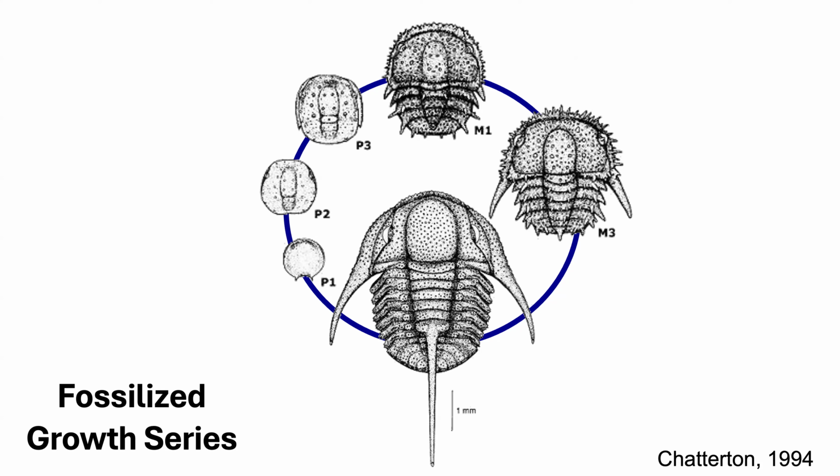That's very different from what goes on in the trunk region. And as you can see, these tiny small ones have hardly a trunk at all. And then there's a progressive adding of segments into the trunk region. So we know, thanks to the growth series of a trilobite like this, how that process happens.